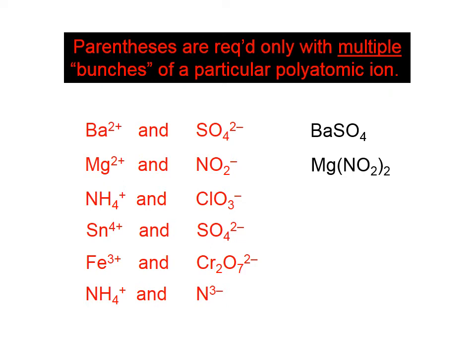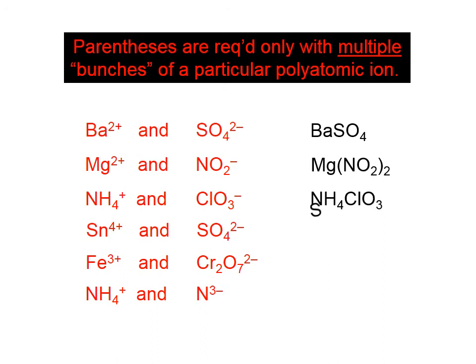Here I have the ammonium ion, and this is called the chlorate ion. Ammonium ion is a clump of 5 atoms with a net +1 charge. The chlorate ion is chlorine and 3 oxygens. That's 4 total atoms. That clump has a net 1- charge. 1 clump of each will be perfect.